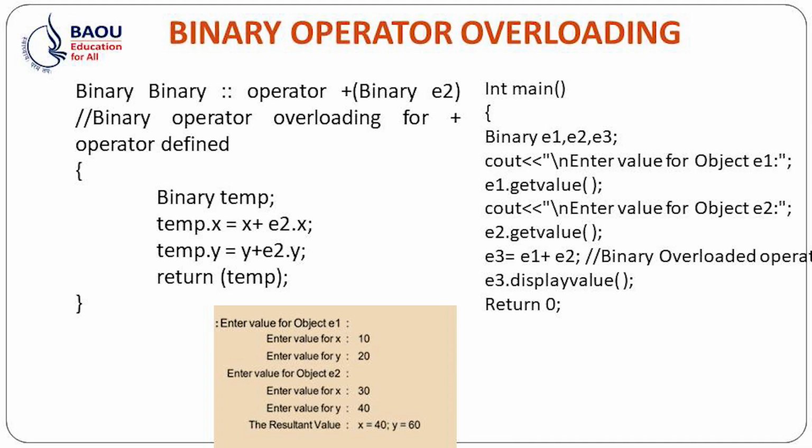Why? Because we are returning our Binary class return type, as we have seen in unary operator overloading.